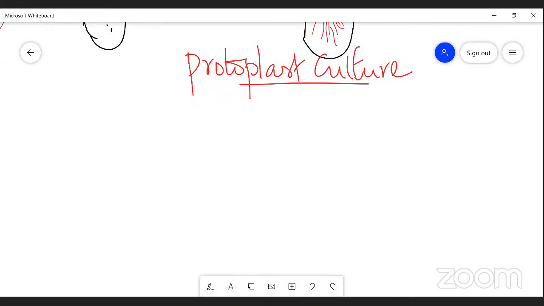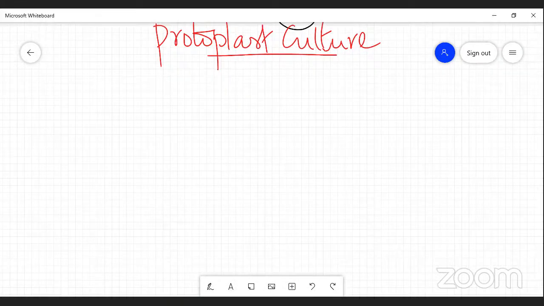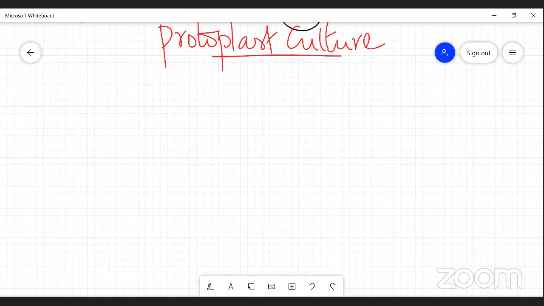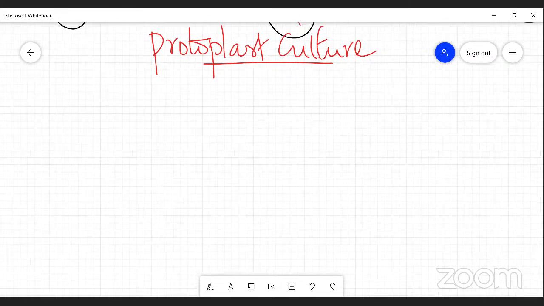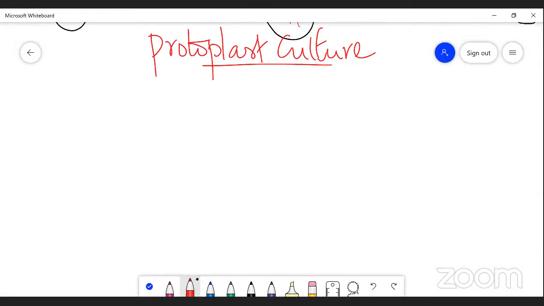Protoplast culture is a kind of plant tissue culture in which protoplasts are isolated, fused and cultured, by which a somatic hybrid is developed. That technique is called protoplast culture.